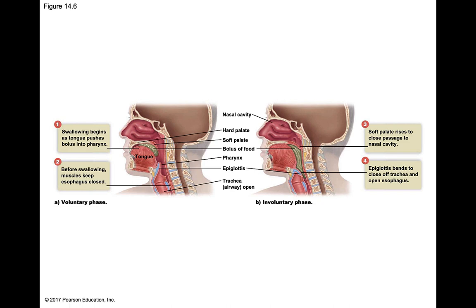The uvula, that's another part, okay, that does that. And then the epiglottis bends to close off the trachea and open the esophagus. So that's going to make sure that food moves into the esophagus and not into the airway. So together, these are the steps that we see that actually make up the swallowing reflex.